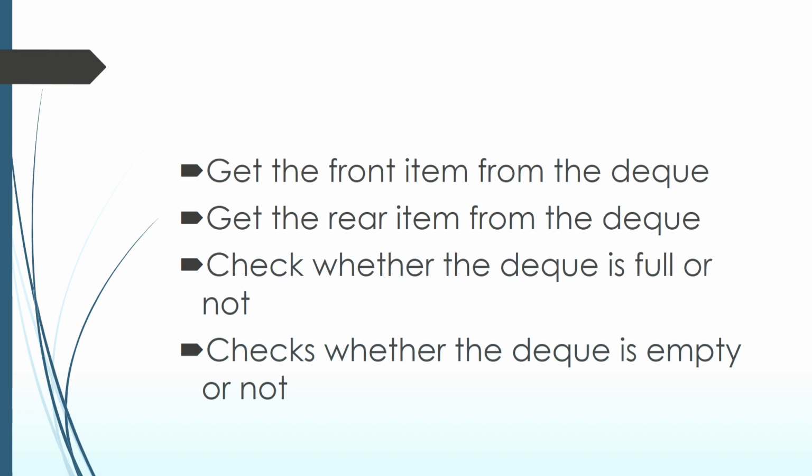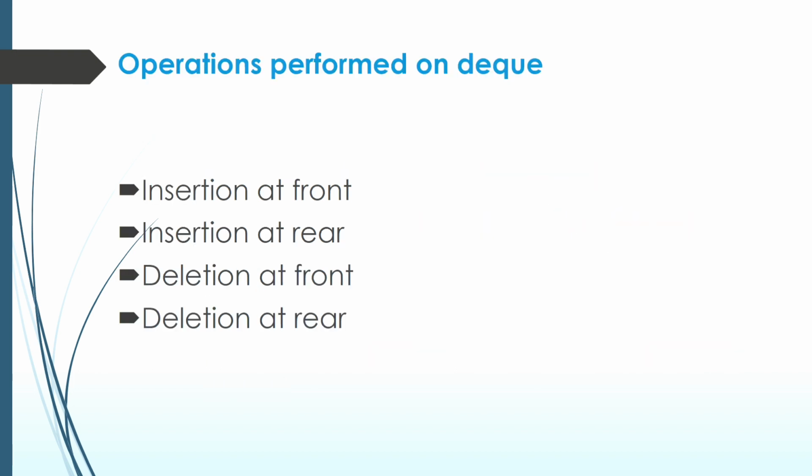Now let's understand the operations performed on DQ using an example. First is the insertion at the front end. In this operation, the element is inserted from the front end of the queue. Before implementing the operation, we first have to check whether the queue is full or not. If the queue is not full, then the element can be inserted from the front end.